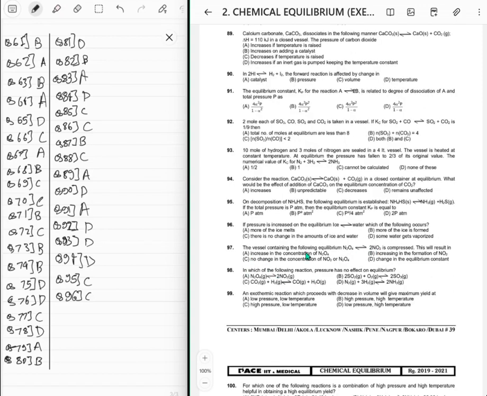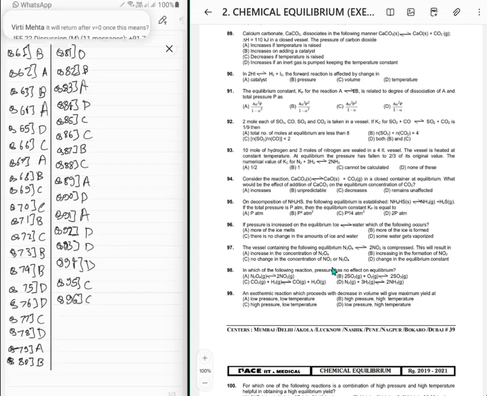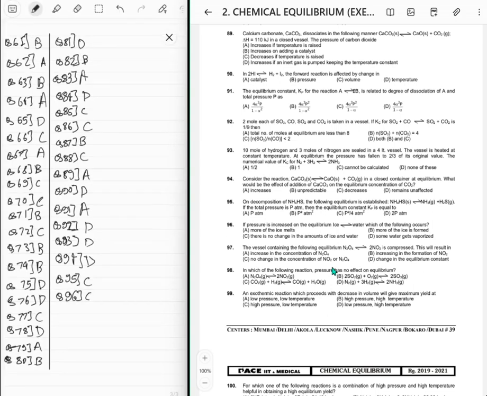Okay, the vessel containing the following equilibrium is compressed. This will result in, oh, it's compressed, then that's like its pressure is increased, you could say that. So it just goes back. Increase in the concentration of, wait, if it is compressed, then its concentrations already got increased by twice. Increase in the formation of NO2?